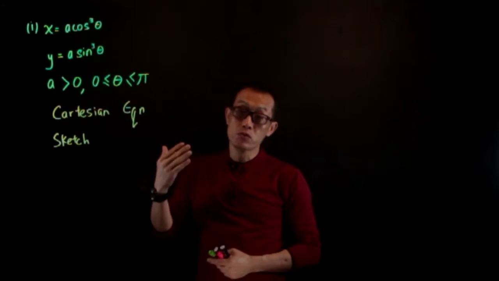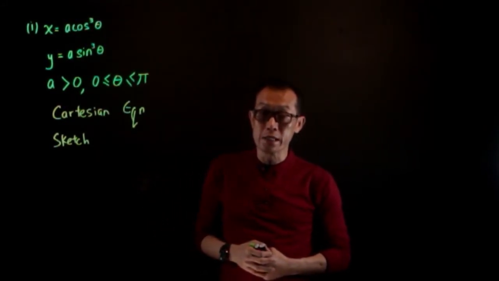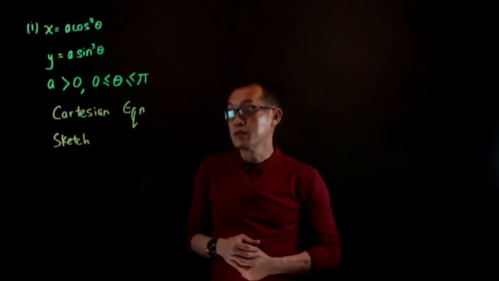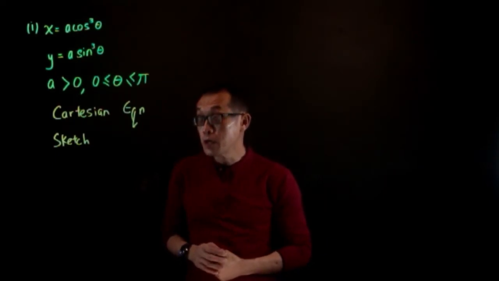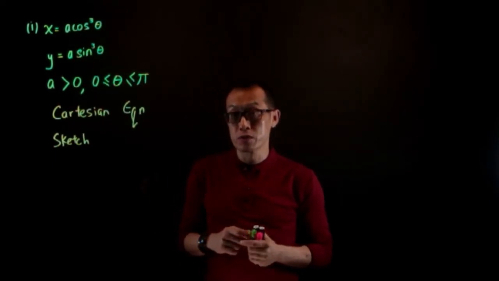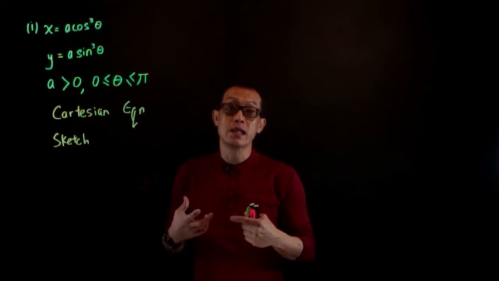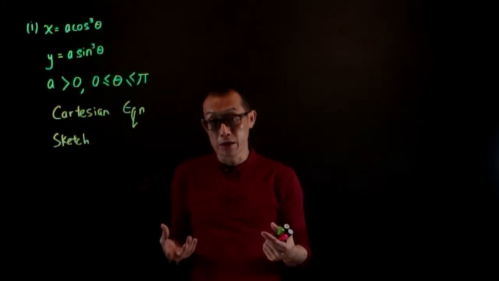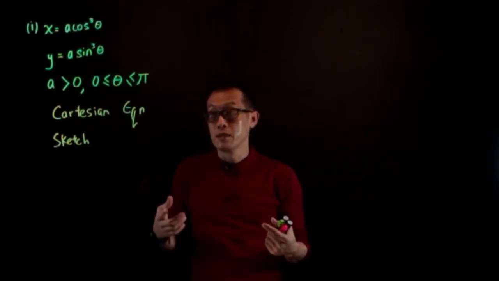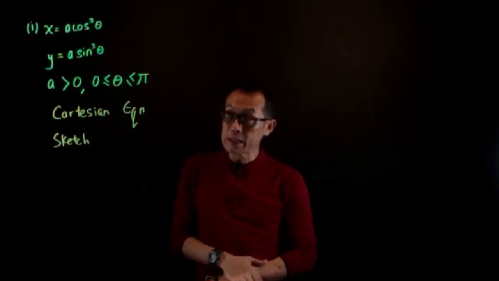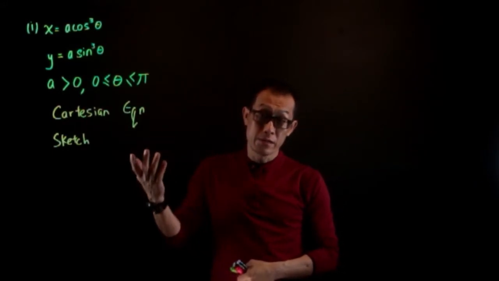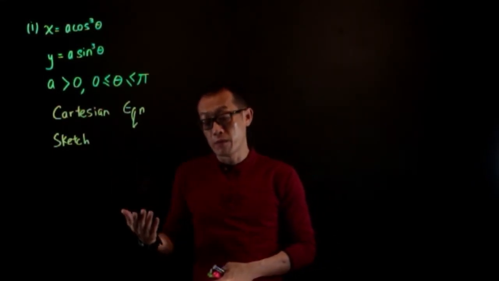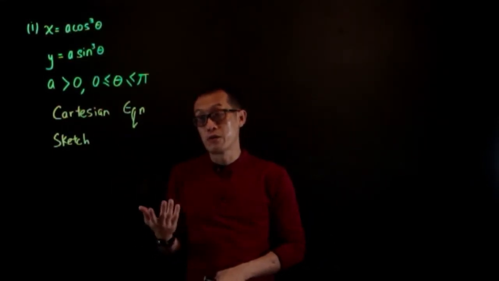Now if you key into your GC to have the sketch, you must make sure the window settings for your x and y are large enough, because if they are too small you may not see the graph. Not only that, sometimes theta is in the form of t, or other letters like alpha.